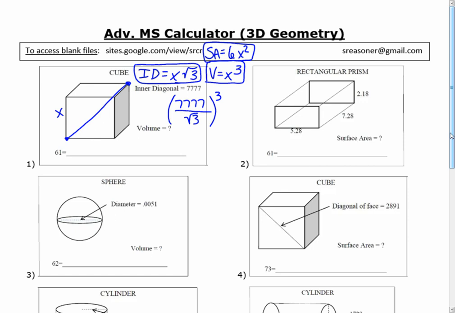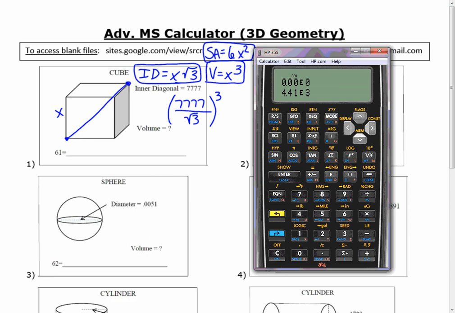So if we were going to put that into our HP calculator, we would have our 7777 inner, 3, we'll hit the square root of x key, and we'll divide, and we'll do 3, and we'll press y to x to raise it to that power. So we end up with an answer of 9.05 times 10 to the 10th.